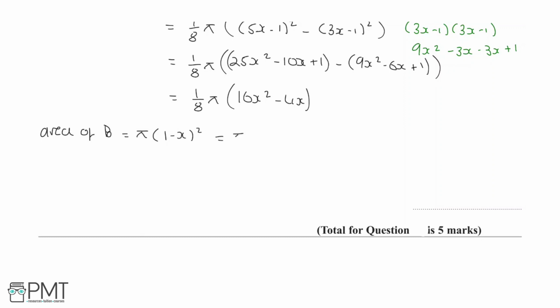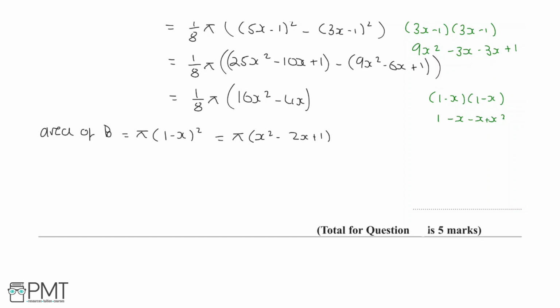So this equals pi times x squared minus 2x plus 1. And this is because if here we have 1 minus x times 1 minus x, 1 times 1 is 1, minus x times 1 is minus x, and then minus x times minus x is x squared. And if you add the minus x's together, you get minus 2x, like that.